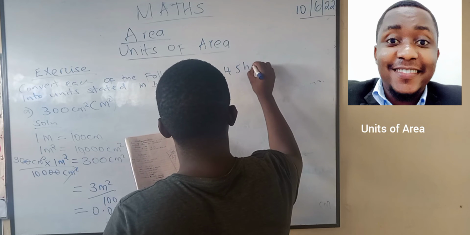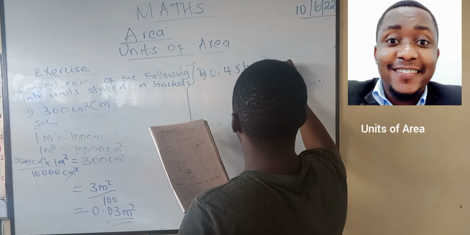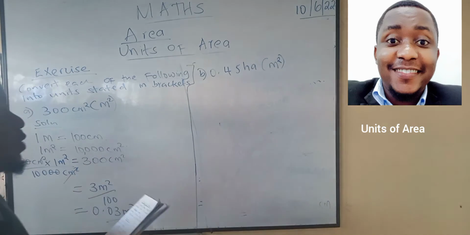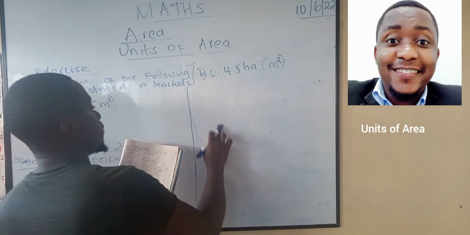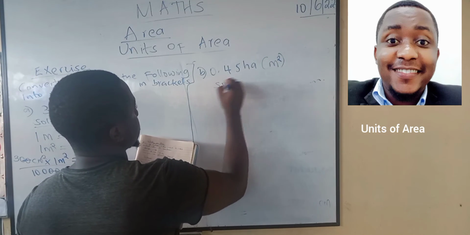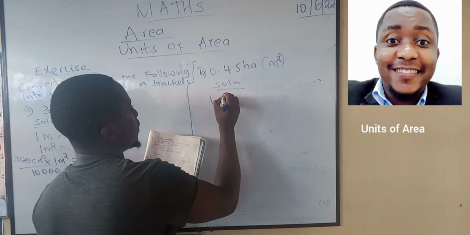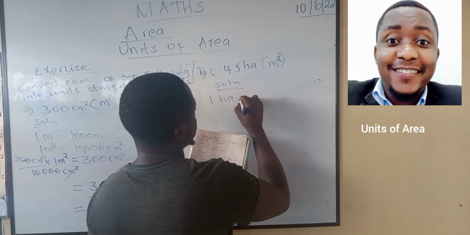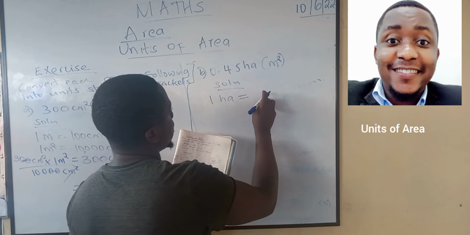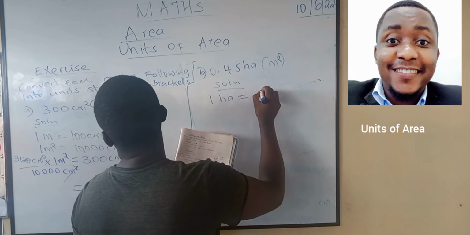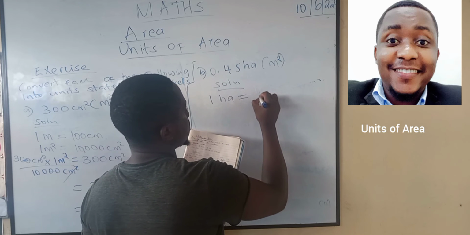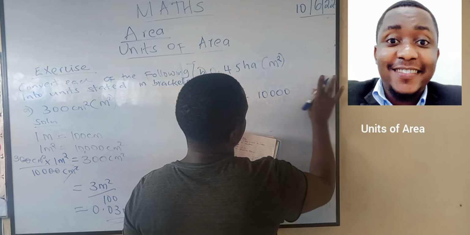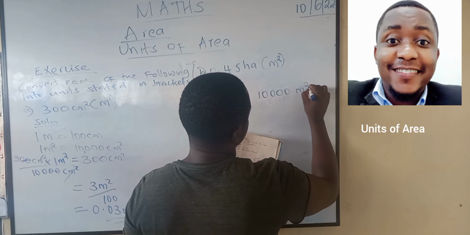Let us do one last one. 0.45 hectares into meters squared. Now, you know that 1 hectare is equal to 10,000 meters squared.